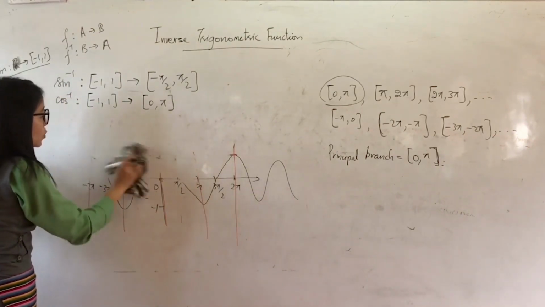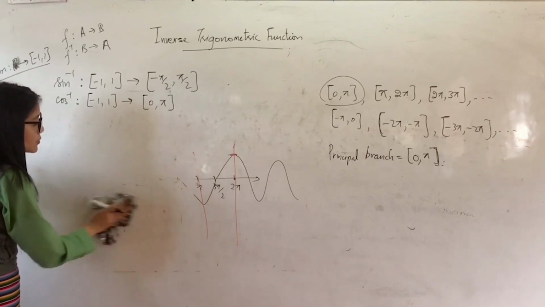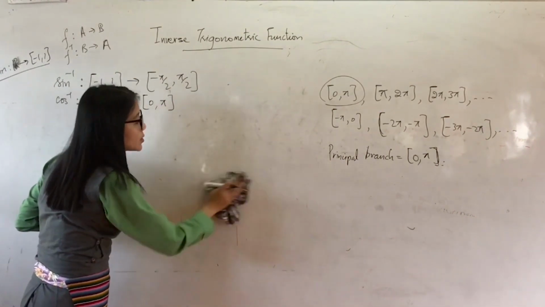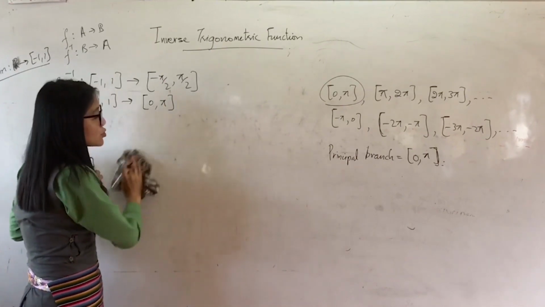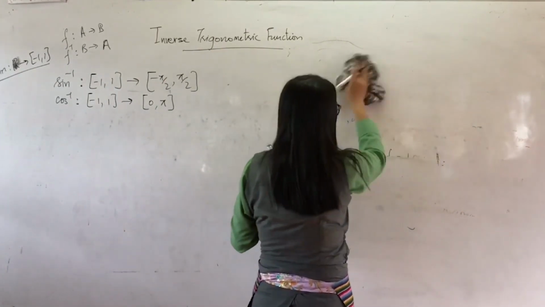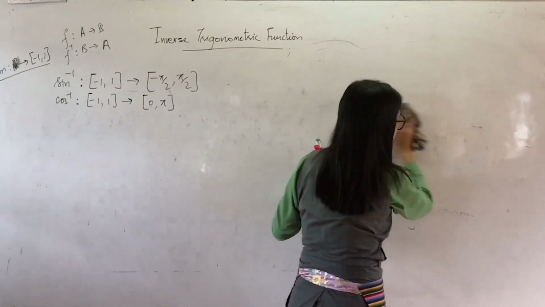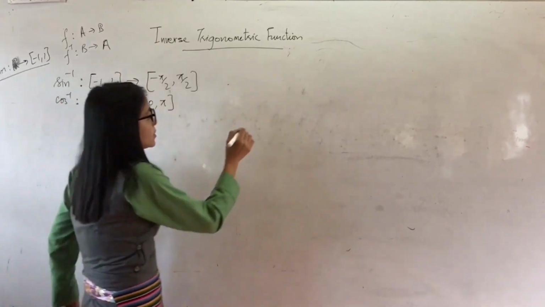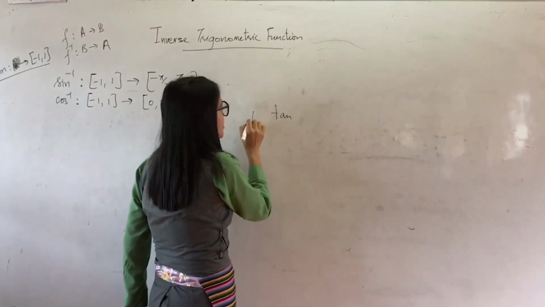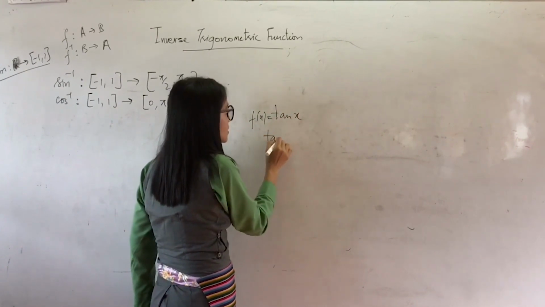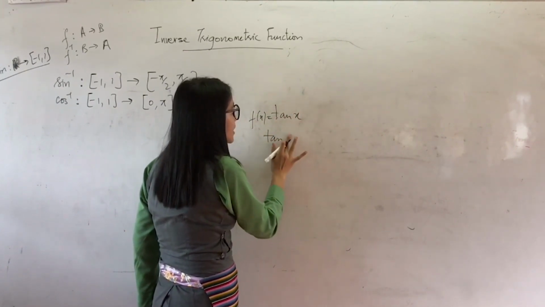Now I will do one more, tan. For the tan function I will do it, and then for the remaining three, this is your assignment today: to find the domain and range of the remaining three trigonometric ratios. Now for the tan function, if my function is tan x, what is the domain and range of tan?